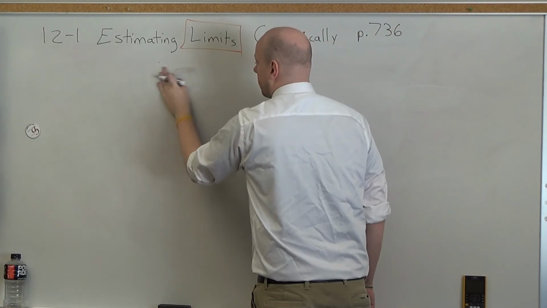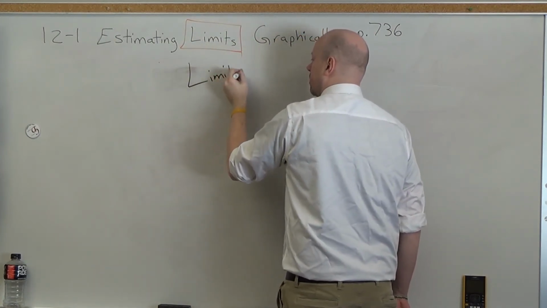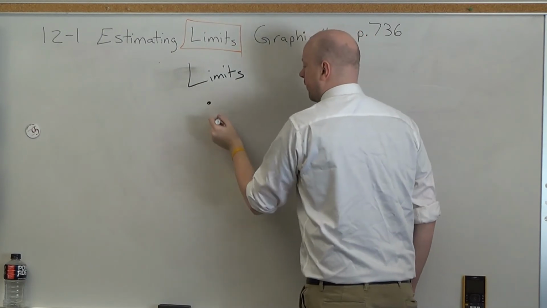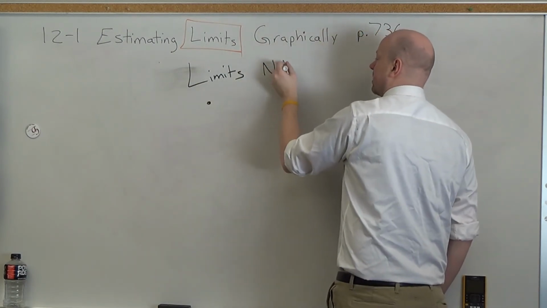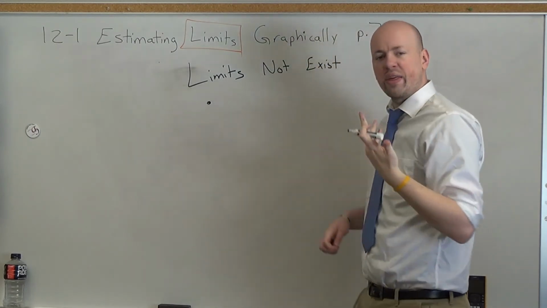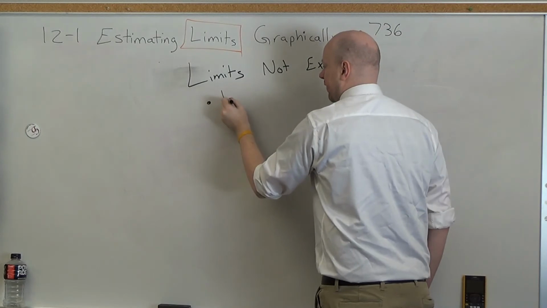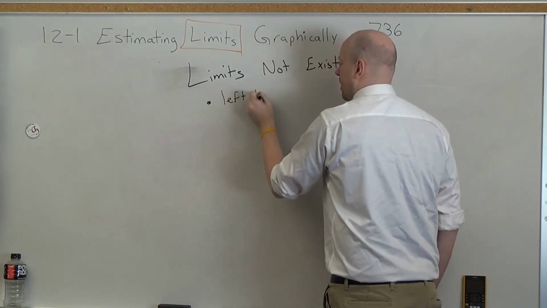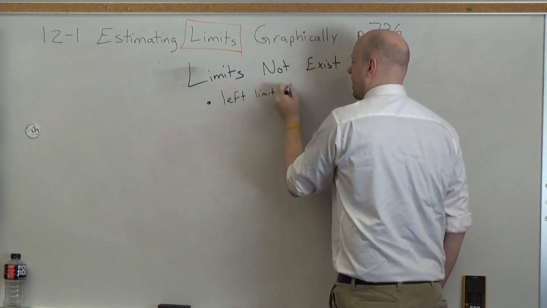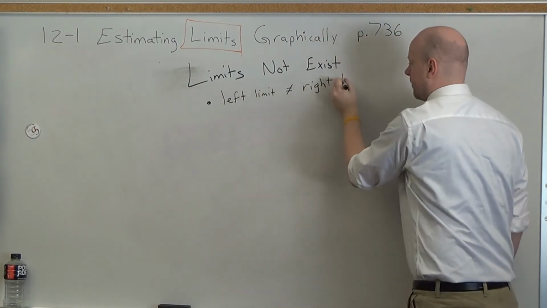So the problem with limits is the limits have some issues. So for limits not to exist, one of three things has to essentially be true. If the left limit does not equal the right limit, the limit doesn't exist.